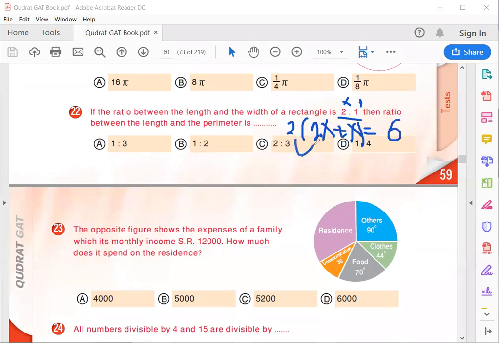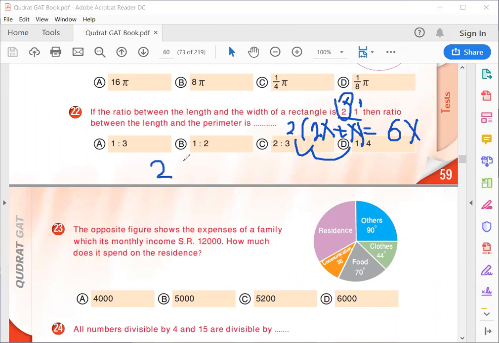So the perimeter is 6x. Now the length is 2x.